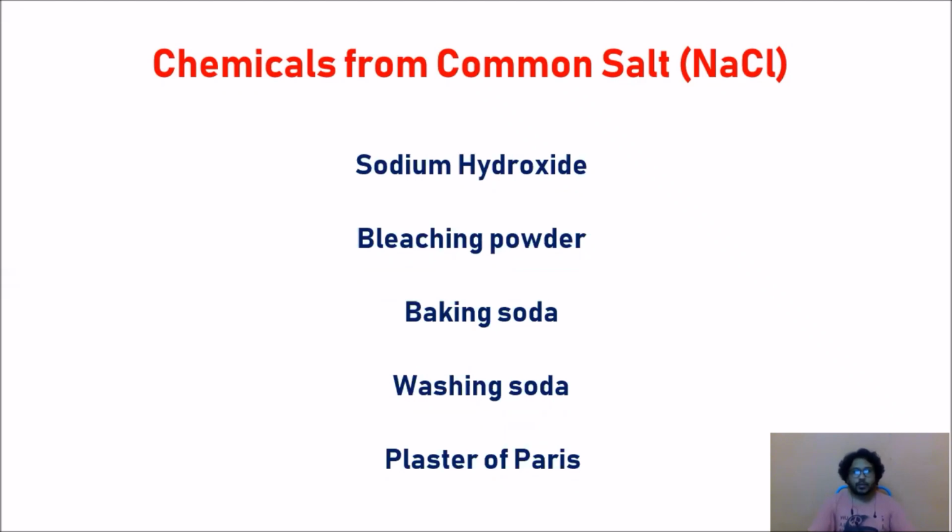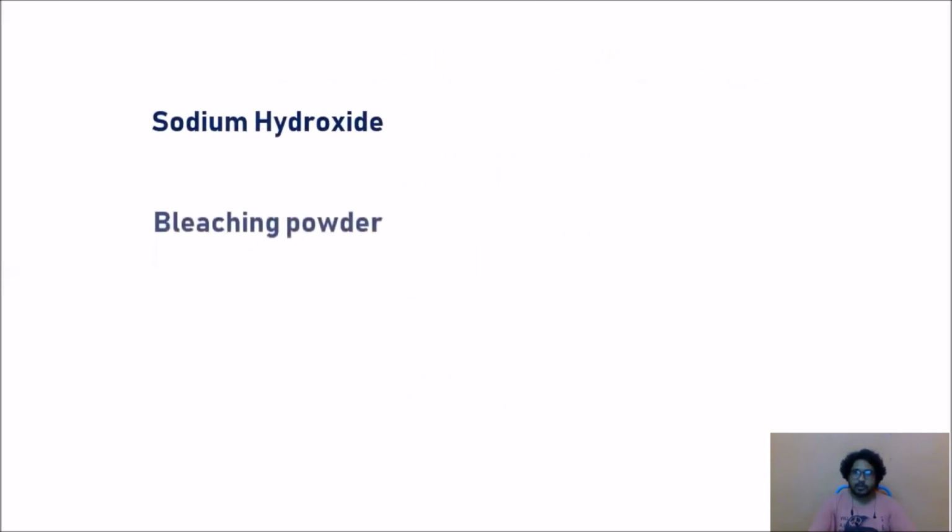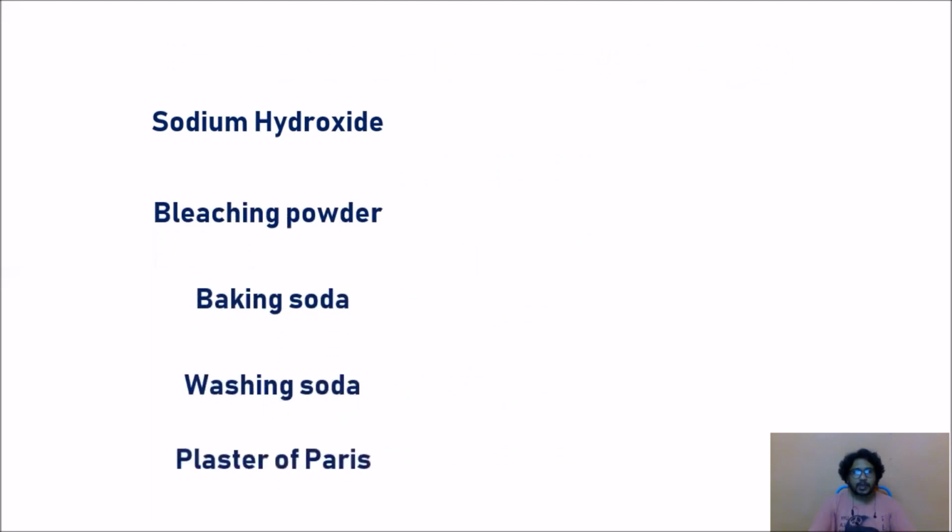Now we need to see chemical formulas of these. Sodium hydroxide, bleaching powder, baking soda, washing soda, plaster of Paris. Let us see. NaOH. Na stands for sodium, OH is hydroxide. So how to pronounce?